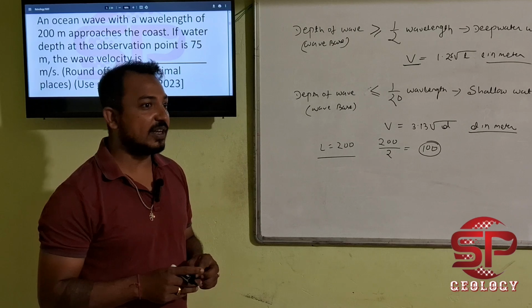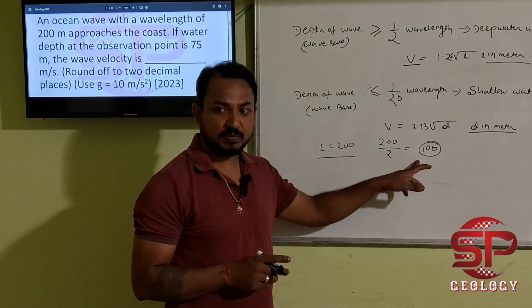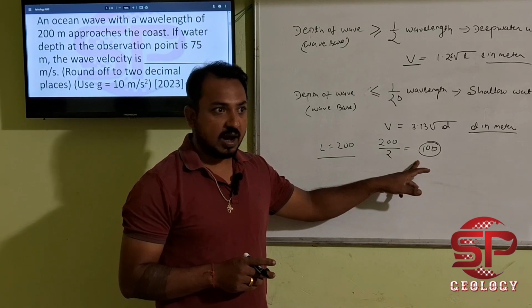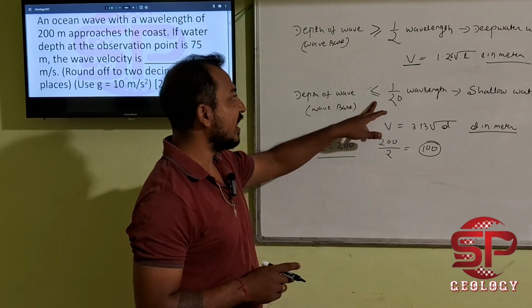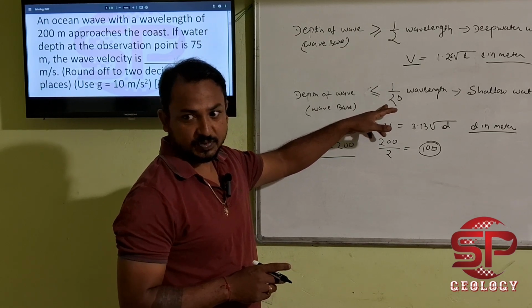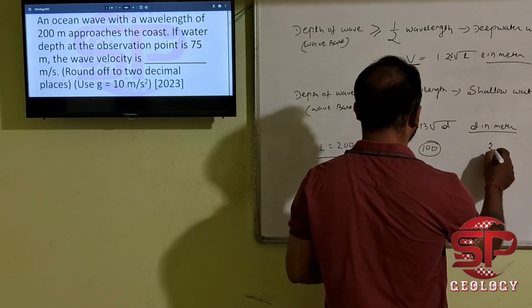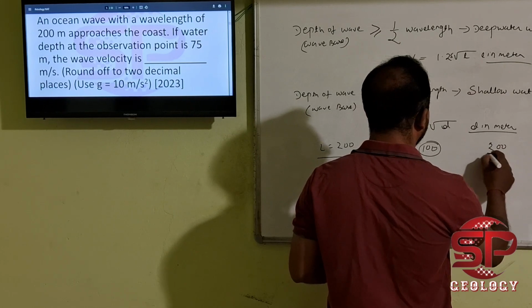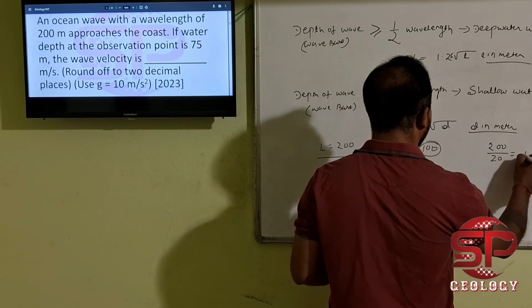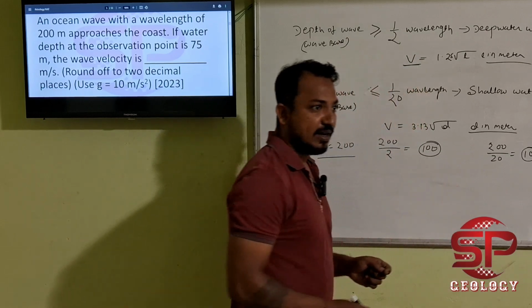But the depth is actually less than half of the wavelength, and it is also greater than the other condition. If you take 1/20th of the length, 200 by 20, it will be 10.